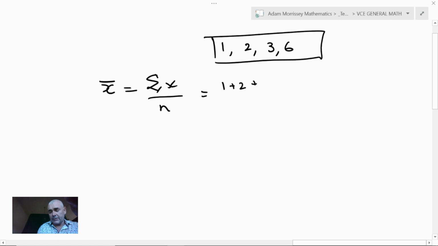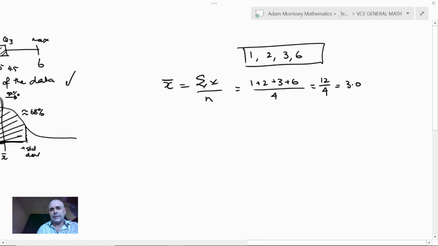The sum of just literally means, for the man on the street, just add all the numbers together. Now, it's a small data set, so it's not a difficult job to do. So we've got 12 divided by 4 here, and that's going to be equal to 3.0.